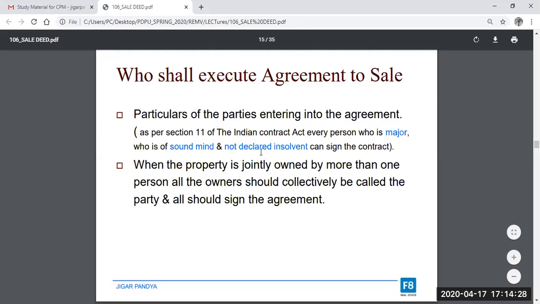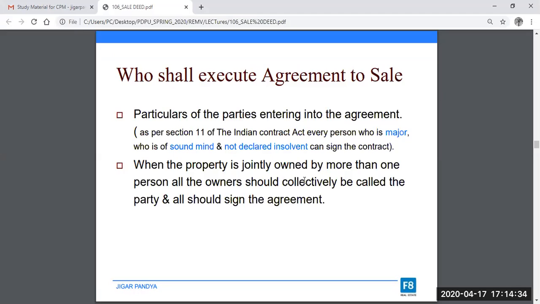This is something we talked about in the previous slide, that when you are executing an agreement of sale, these aspects of the Indian Contract Act will be triggered, which is very, very important. And when the property is jointly owned by more than one person, all the owners should collectively be called parties, and all should sign the agreement. So that is the key, especially in joint ownership.